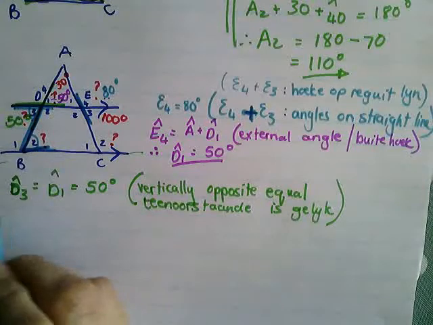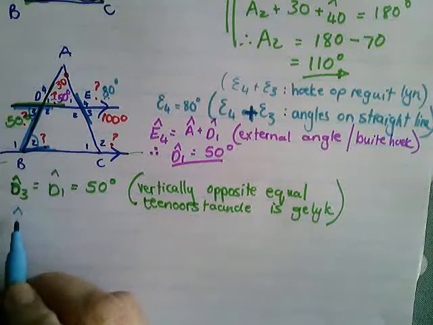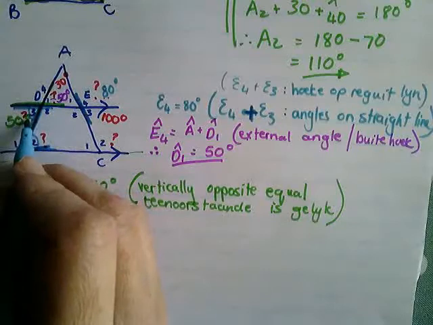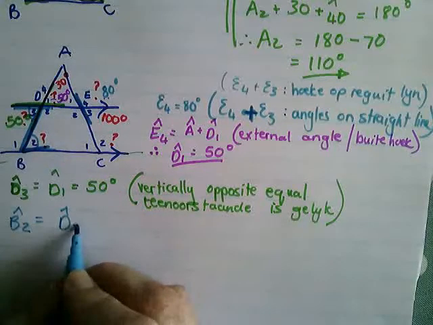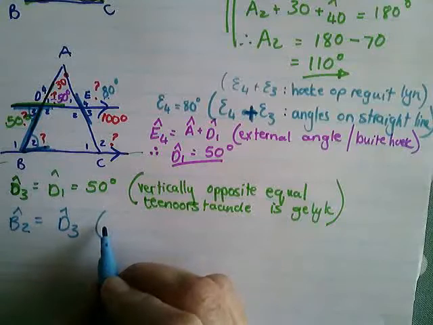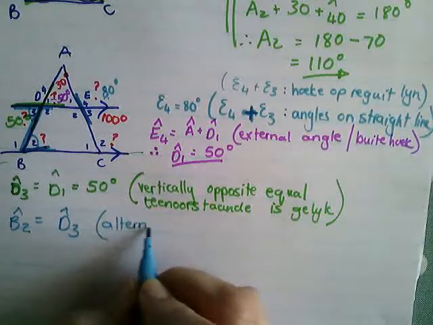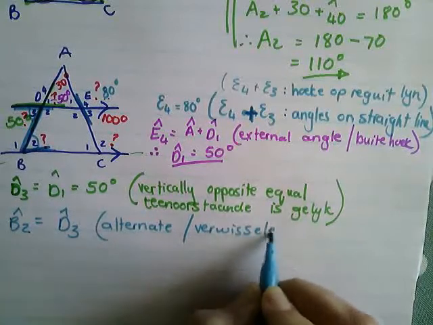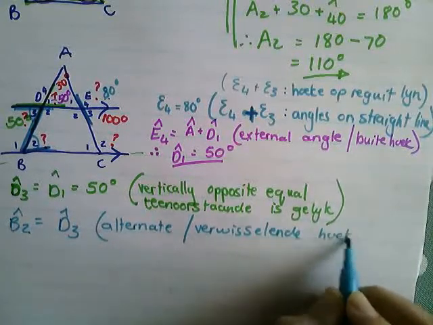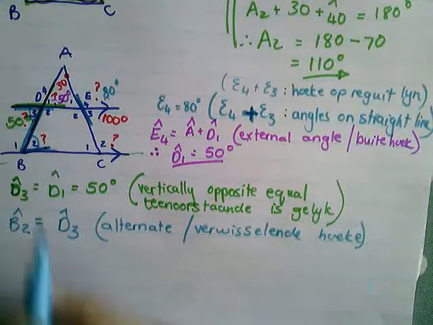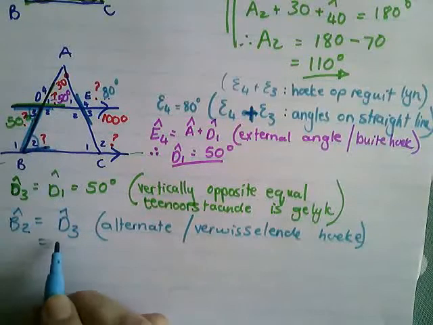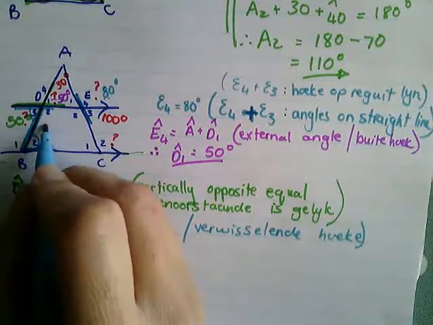So when we write it, we're going to say angle B2, this one, is equal to angle D3, that one. Why? Because they are alternate angles. Verwisselende hoeke. Okay. So if that one is 50 degrees, then B2 is also 50 degrees. So that one is 50.